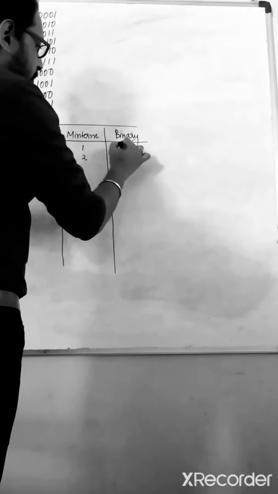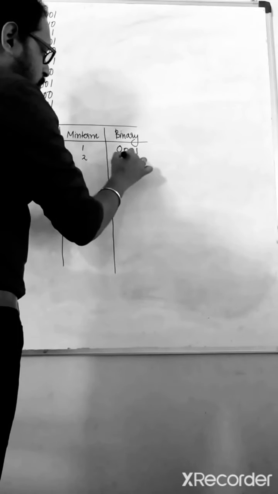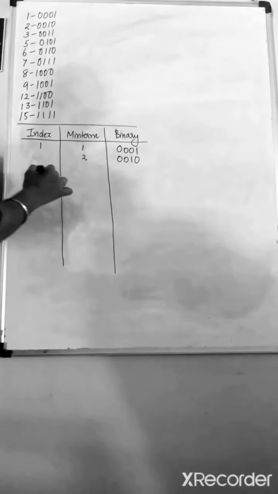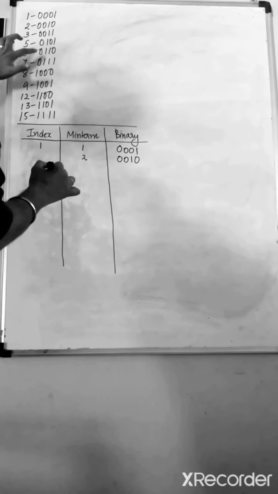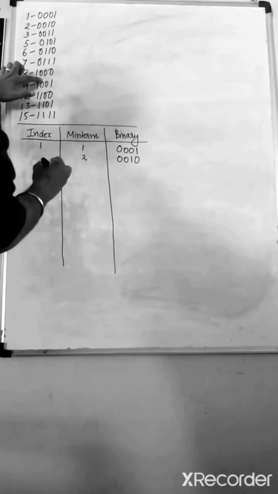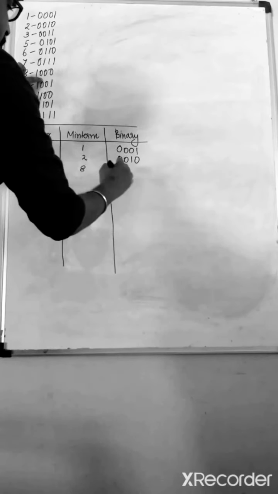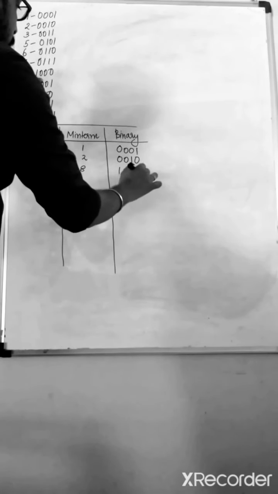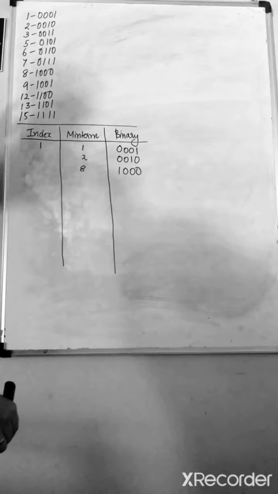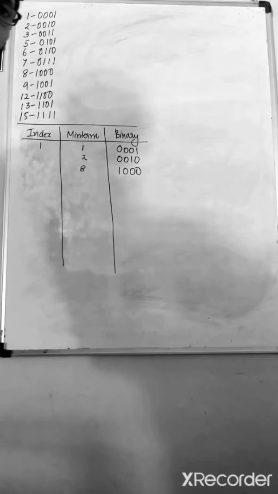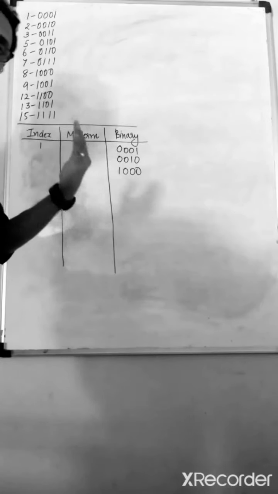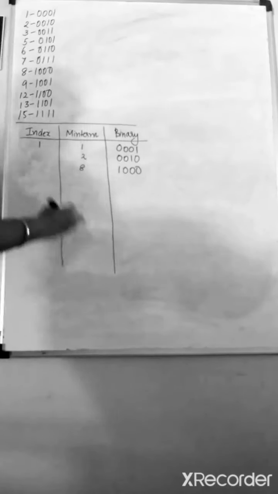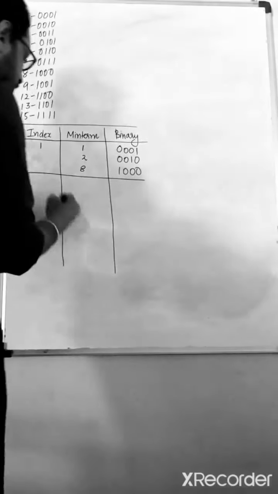In 8 we have 1 0 0 0. In 3, 5, 6 and 7 we have more than one 1, and in the rest of the cases also we have more than one 1. So that's the first index.